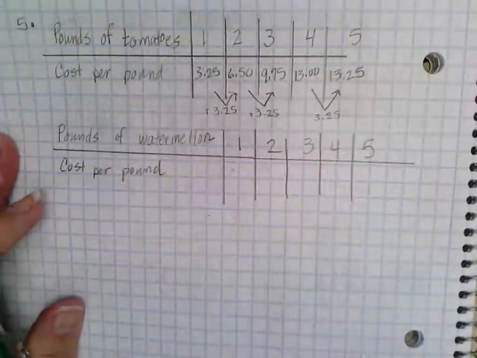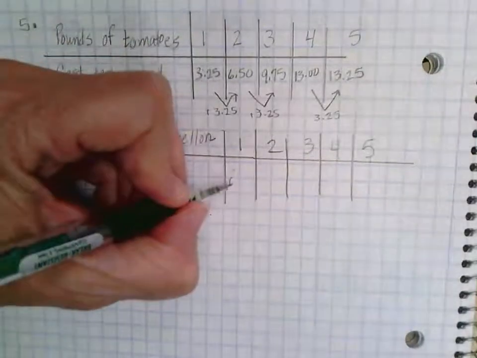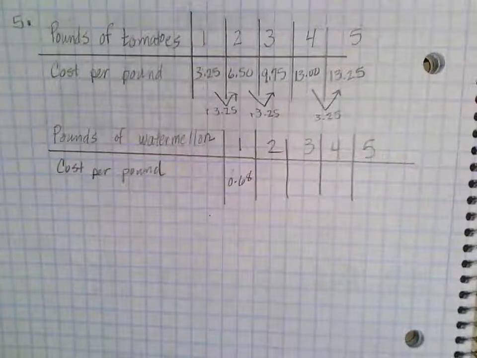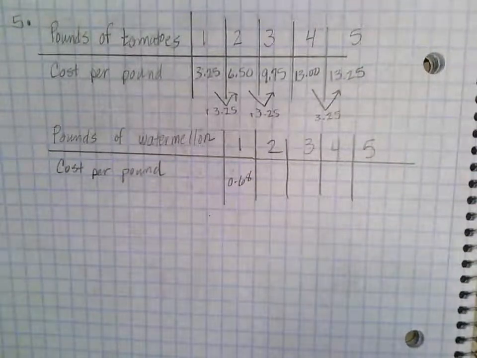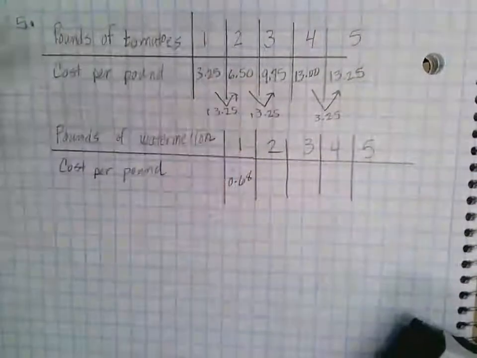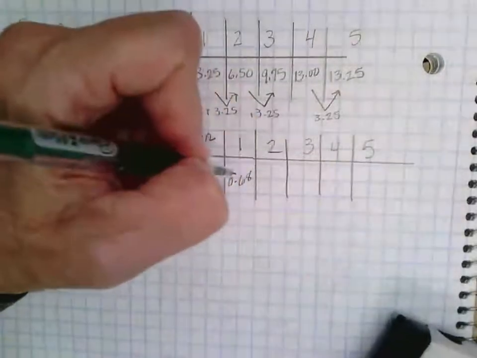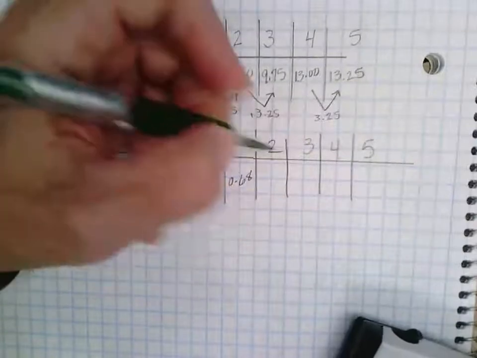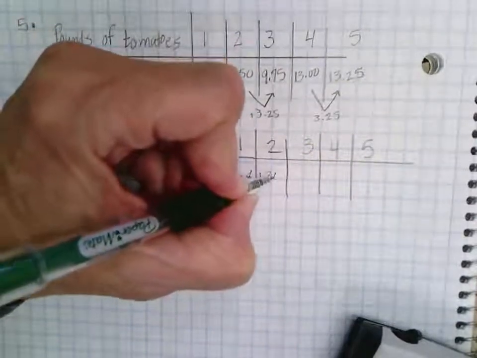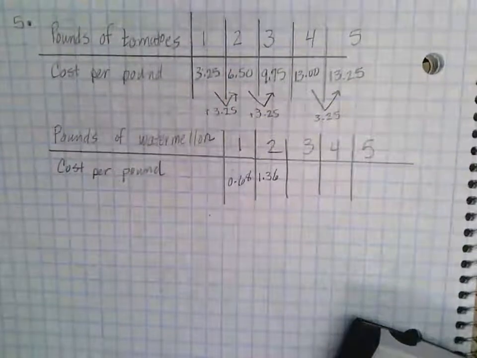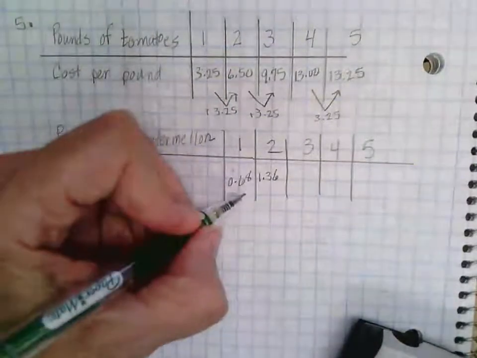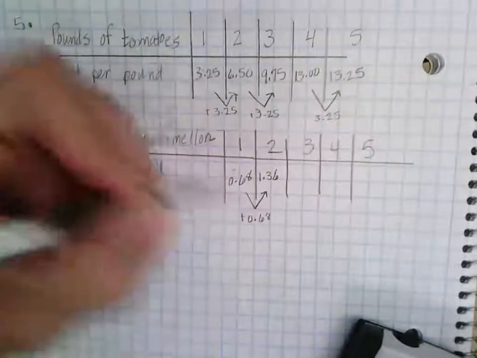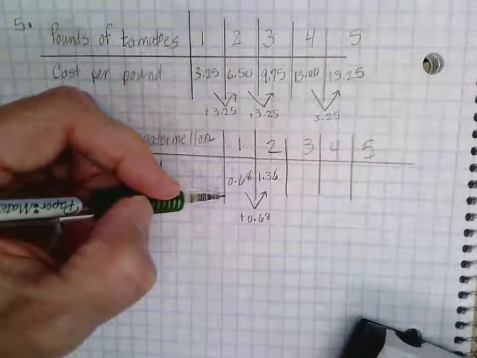Same thing for the watermelon. The watermelon is costing 68 cents a pound, so it's definitely much cheaper than the tomatoes. If we have 2 pounds of watermelon, we would double that, and that would give us $1.36 for 2 pounds. We can see this is an increase each time of 0.68 per pound.